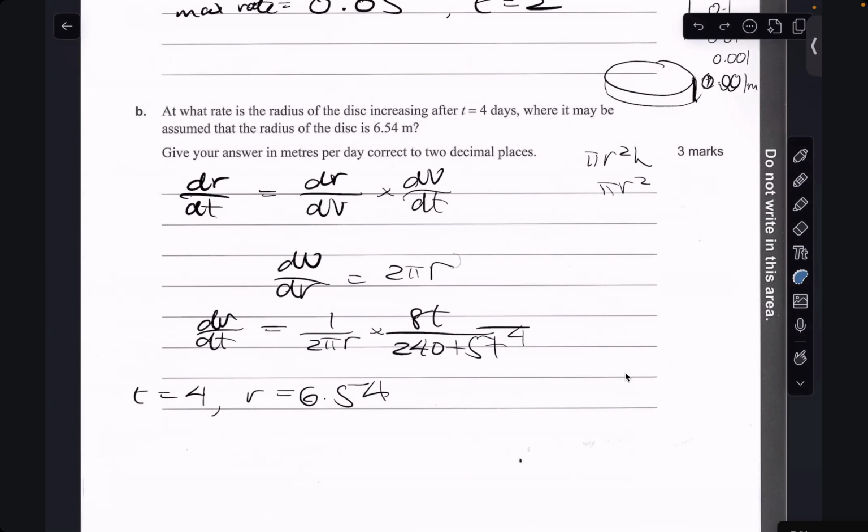So we know that V is pi r squared times 0.001. dV over dr is 0.002 pi r.